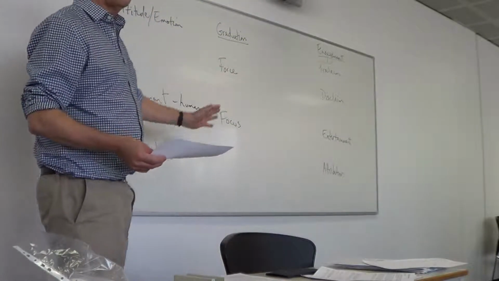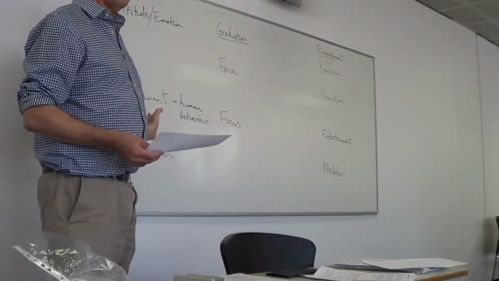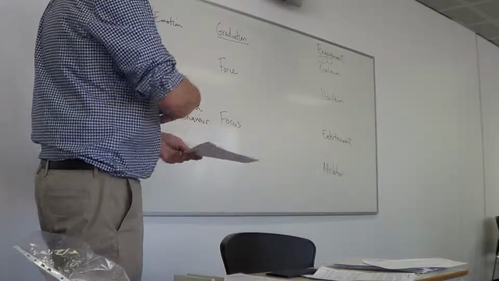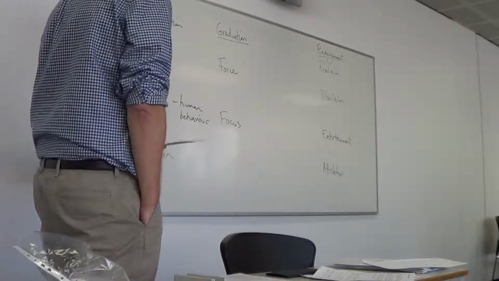And if there are gaps and inadequacies or strengths, we need to recognise and identify those. So that's the point of the taxonomy. It's not just there for its own sake.